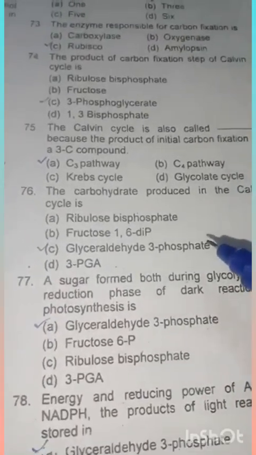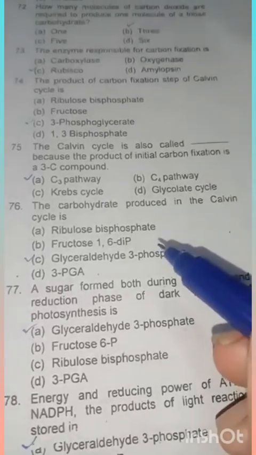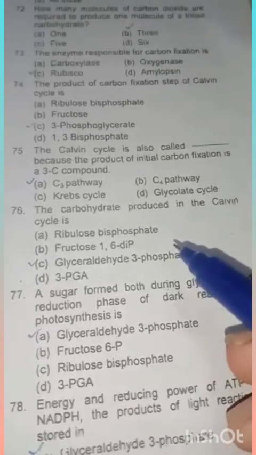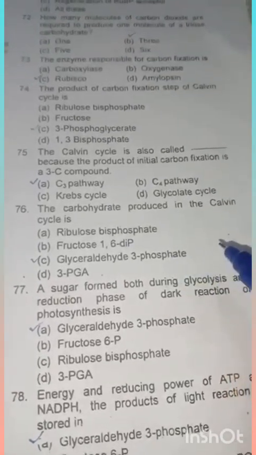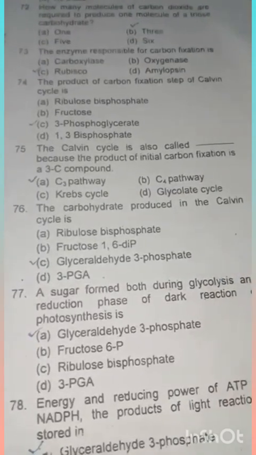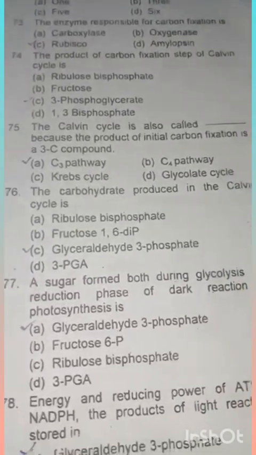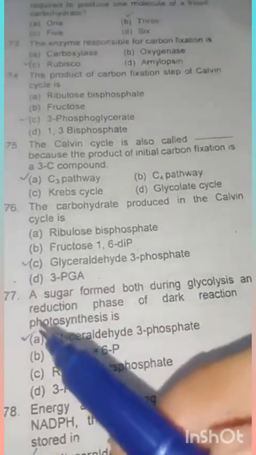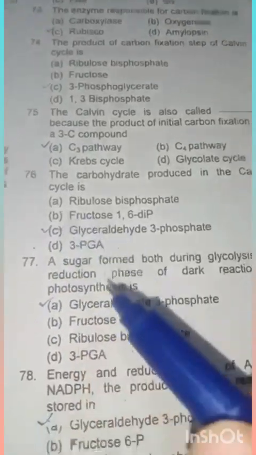G3P molecule is produced, and G3P molecule is converted into 1,3-bisphosphoglycerate, and finally it will convert into glyceraldehyde 3 phosphate. So option number C is correct here.